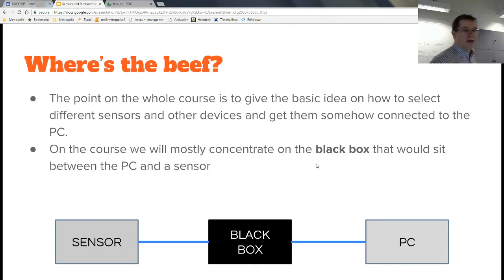So what we are doing now is we are concentrating on a black box, which is between the sensor that senses the environment. That's as simple as that. But then you need a black box to get it to anywhere else. In our case, we are concentrating on PC, but PC can be anything nowadays. The black box can already interface directly to the cloud.